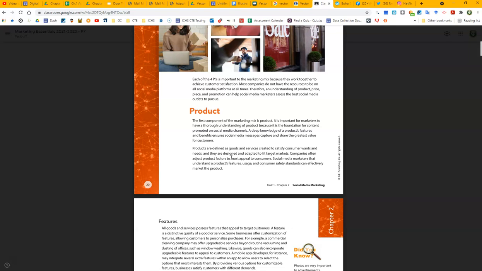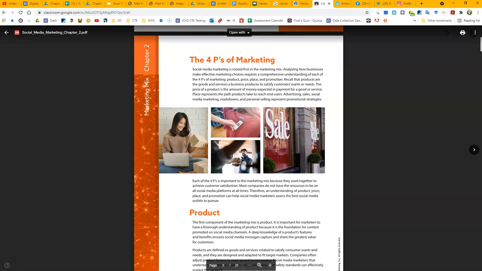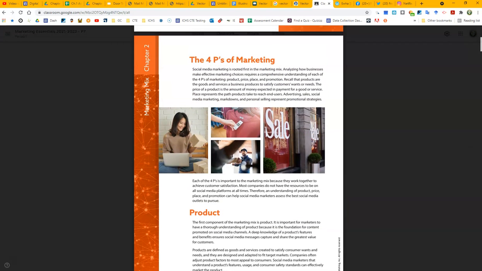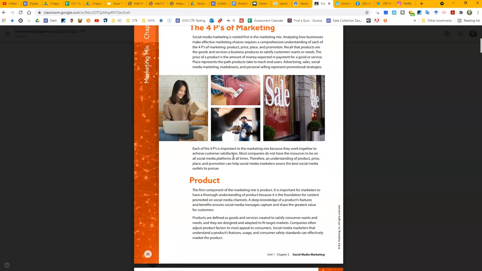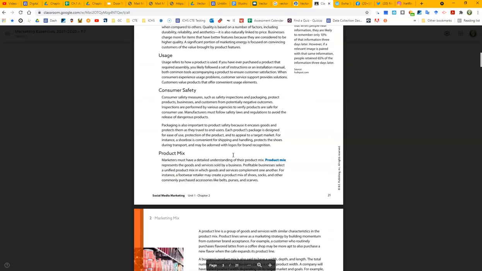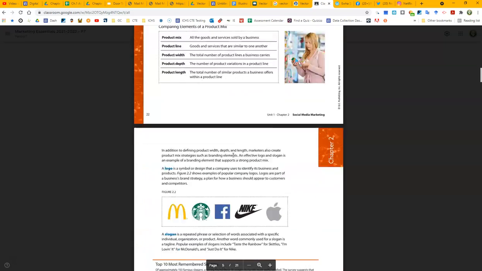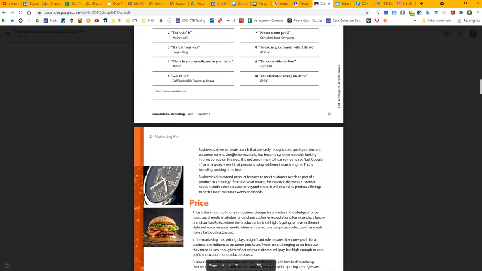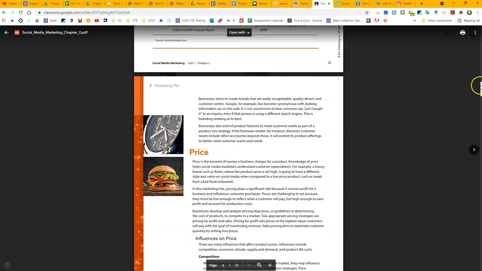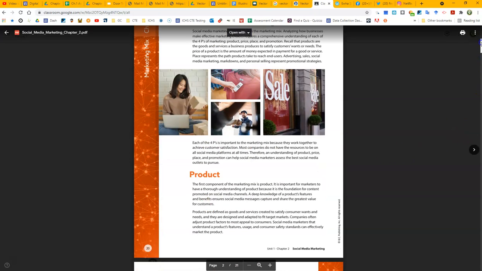You still need to read the actual textbook. And just like I told you last week, pay attention to things in bold, headings, and take a look at the things that are like diagrams and tables, especially because they'll give you some different examples of these things in play. So without any further ado, product.